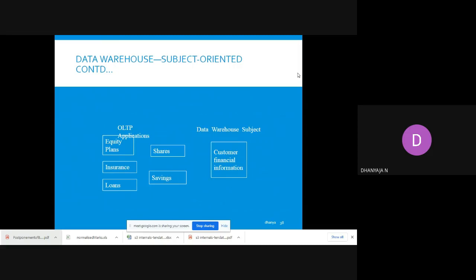So customer financial information will include how many shares he has, how much savings he has, what equity plans he has joined, what kind of insurance he is paying for, and how much loan he has and how he is repaying it. All this information is complete financial information about a person.